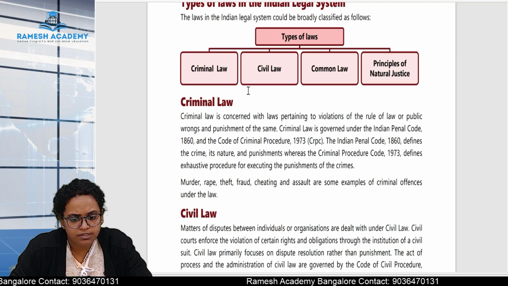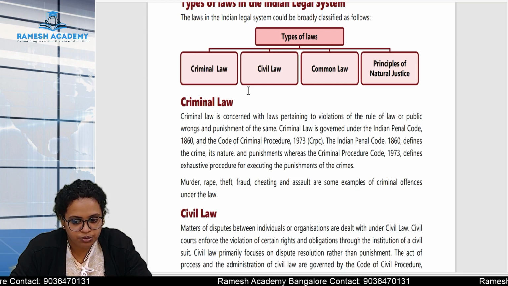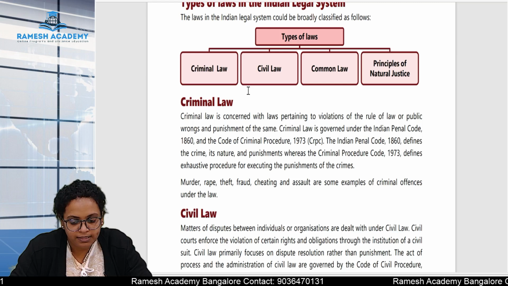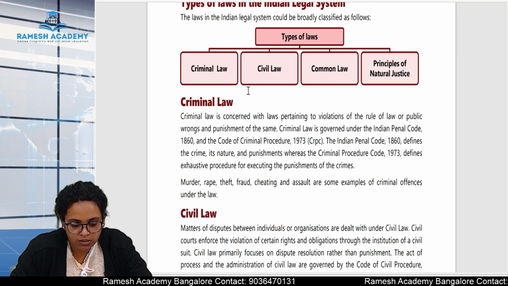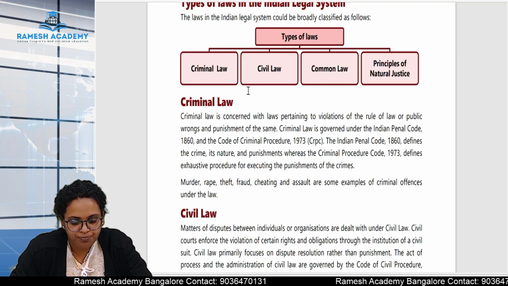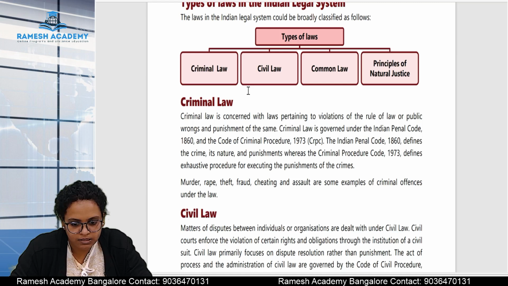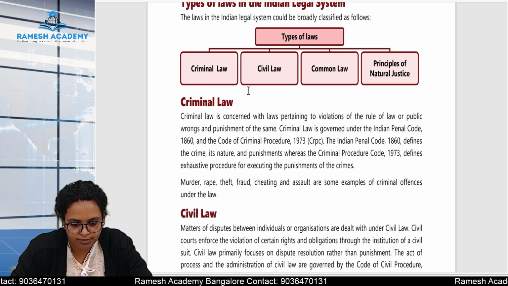Criminal law is concerned with the laws pertaining to the violations of the rule of law or public wrongs and punishments of the same. Criminal law is governed by the Indian Penal Code 1860 and the Code of Criminal Procedure, CrPC 1973. The Indian Penal Code 1860 defines the crime, its nature, punishments, whereas the Criminal Procedure Code 1973 defines the exhaustive procedure for executing the punishments of the crimes.